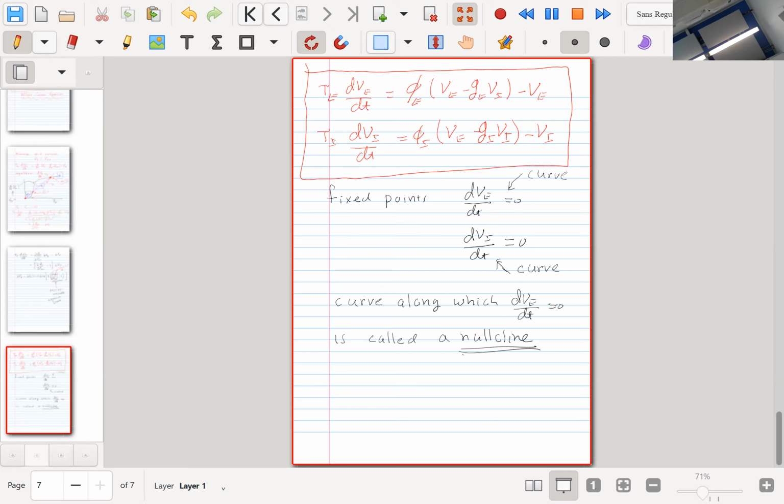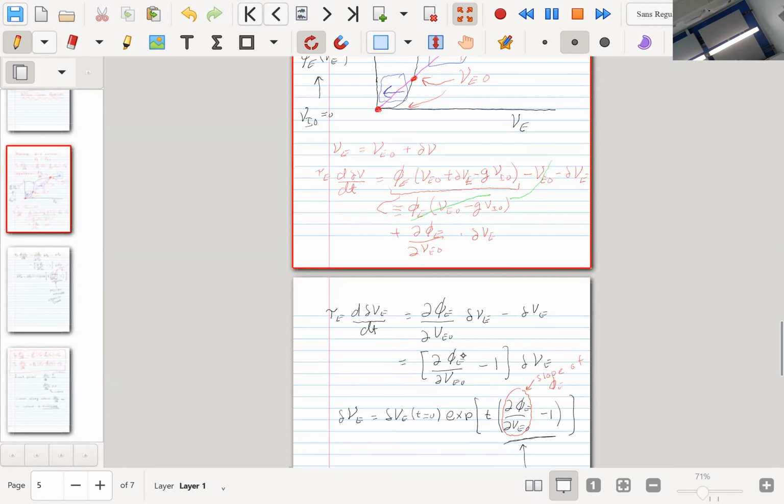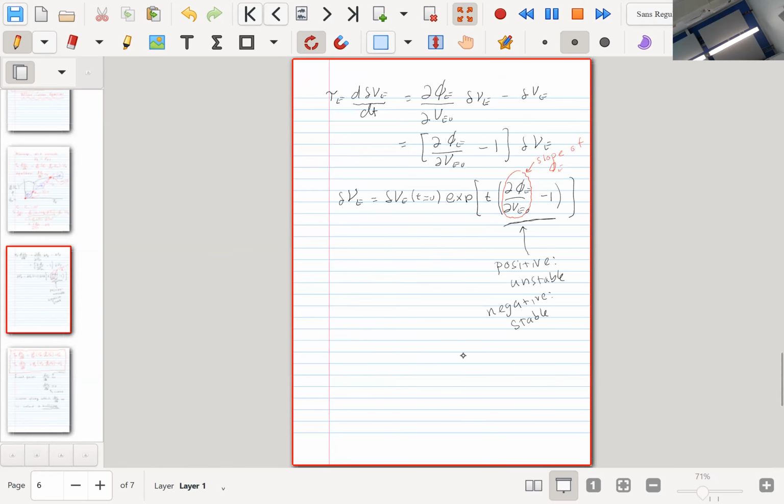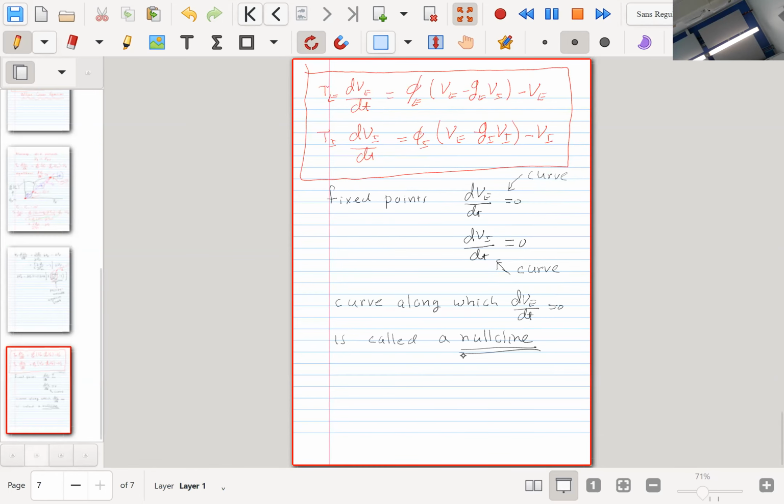So what we're going to do is find those nullclines and then look at the intersections. The intersections give us the fixed points, but the nullclines give us lots of information about the dynamics. We're going to find these nullclines one at a time. I'm going to start with the inhibitory nullcline because it's easier, and then we'll work on the excitatory nullcline.